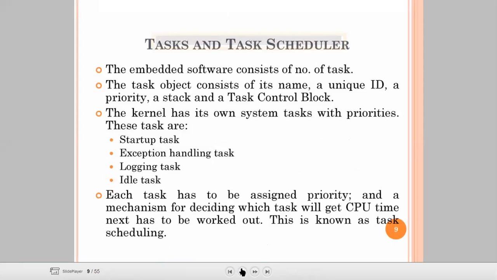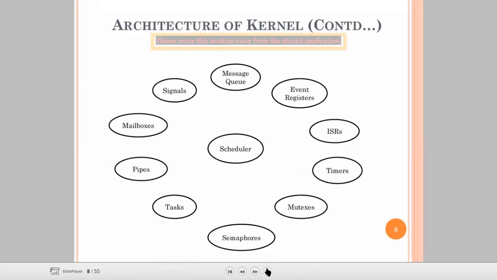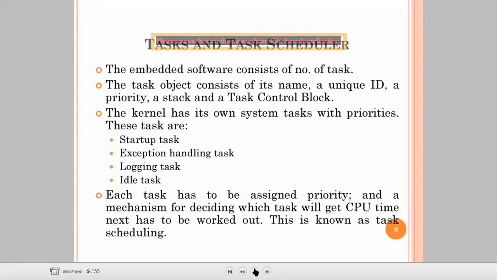Tasks and task scheduler. What is the purpose of the task scheduler? The task scheduler always assigns time bounds. The embedded software consists of a number of tasks or processes.